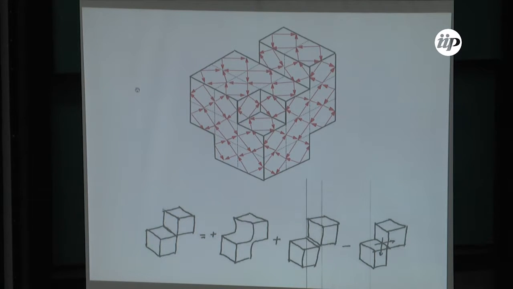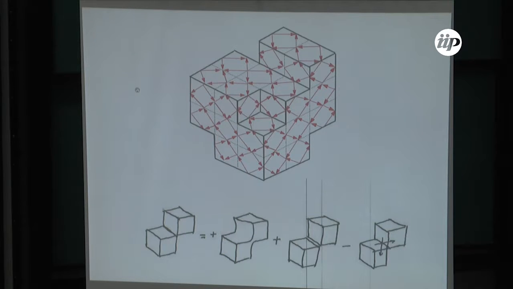There are two types of squares in this lattice. You see, there are squares around which these arrows don't allow you to go around, or there are regions here where you can't go around. For example, this one. This should be like this. You can't go around here, and also here, for example.